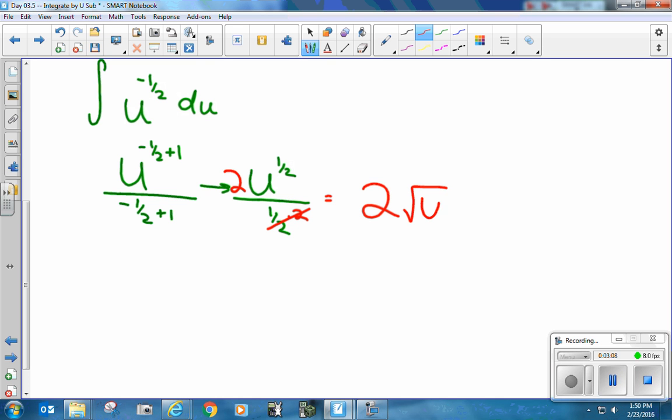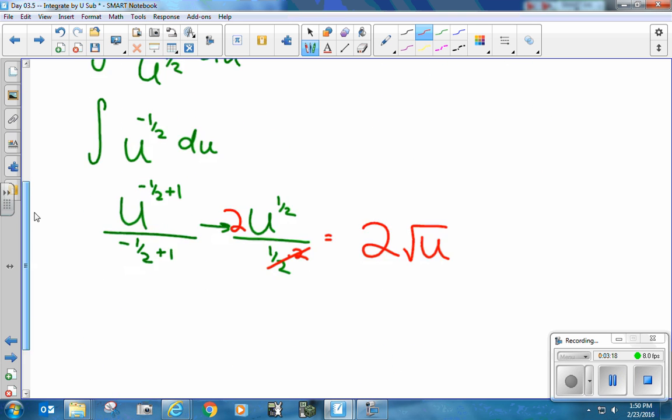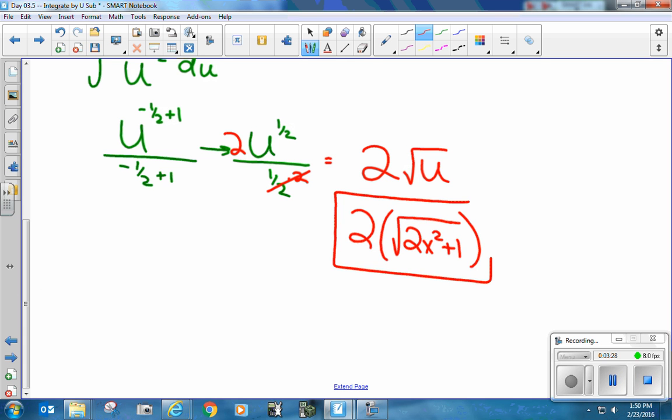Square root of u. And what was my u? So x squared plus 1. So I have 2 times the square root of x squared plus 1. And there we go.